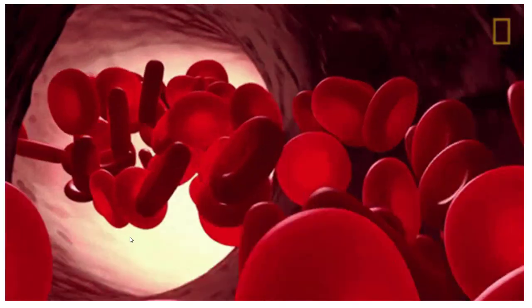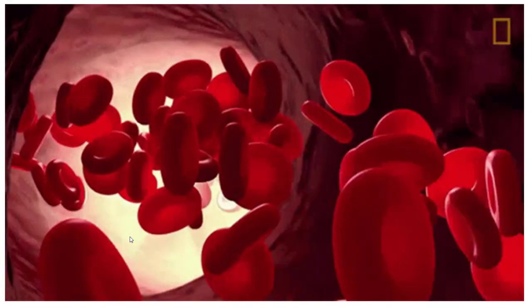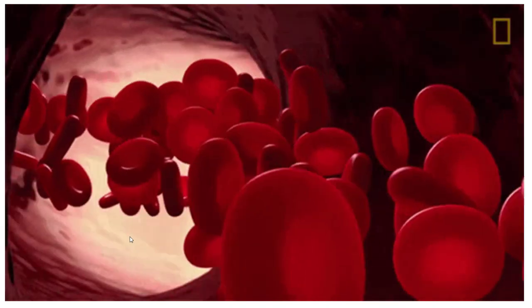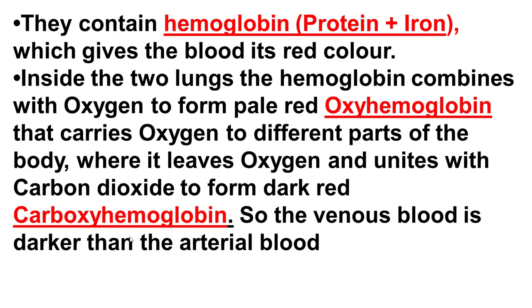This is the shape of the red blood cells while flowing inside blood vessels. They contain hemoglobin, a very important protein. Hemoglobin is a protein conjugated with iron, which gives the blood its red color.